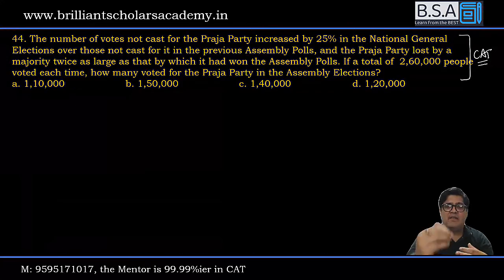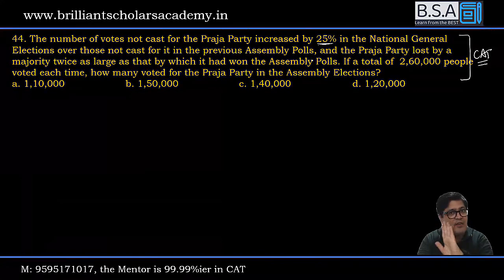So first I will solve this complete thing through equations, the full approach. Then we'll think of jugaads. See, if there are two parties, Party X and Party Y, people who are not voting for Party X are voting for Party Y. So whose vote is increasing? The opposition's vote is increasing by 25%.